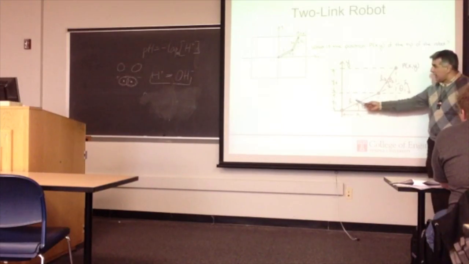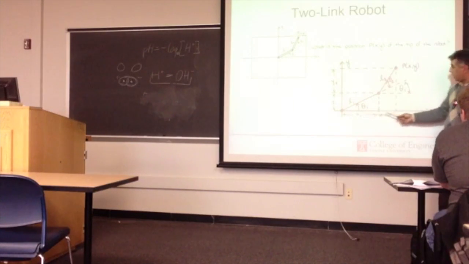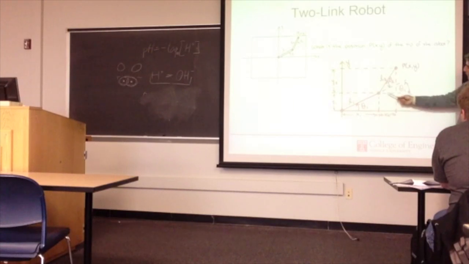Right, which is L1 cosine of theta 1, which is X1. But when it comes to X2, and if I look at this triangle, I know L2, but do I know that angle?